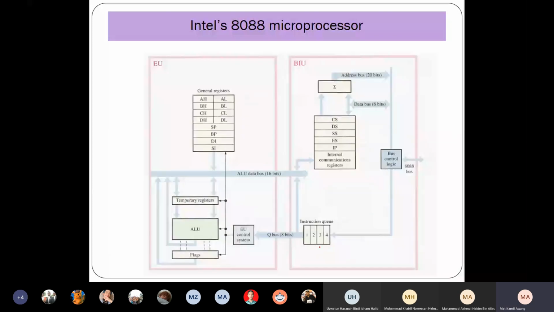This is the instruction queue. For example, you have the first instruction, second instruction, third instruction, and fourth instruction. So it queues up the instructions to be executed by the EU. This is the bus control logic, and this is the system bus.